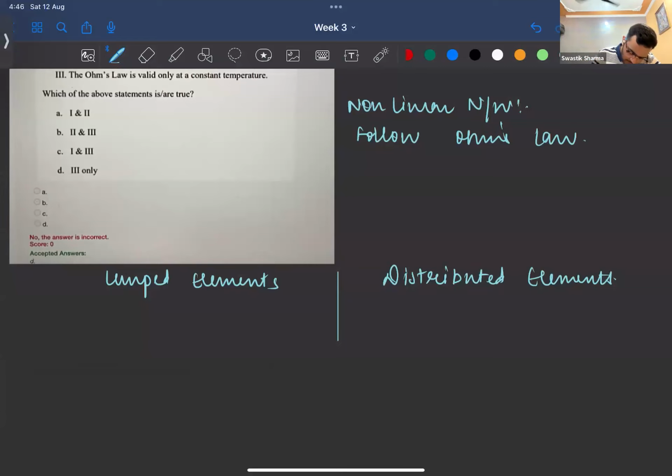Okay, so lumped elements are those which don't vary with respect to the length of the circuitry, right?